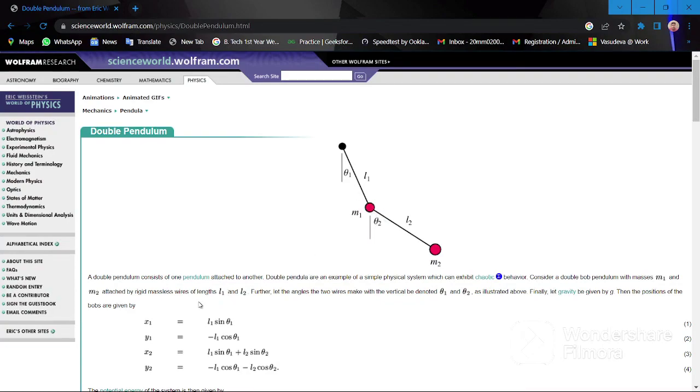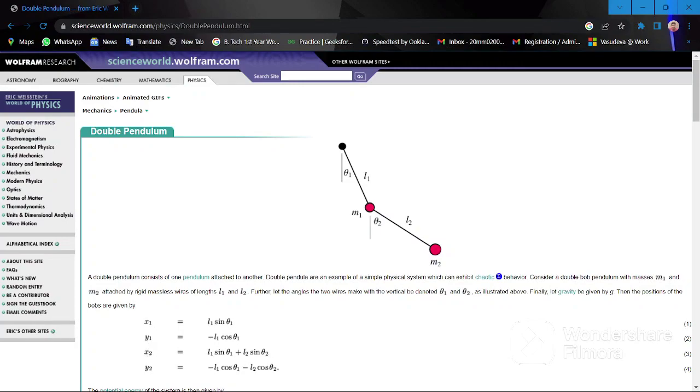So the position of bob m1 is x1 equals L1 sin theta 1, and y1 is the cos component. x2 is the summation of these two distances, so this is L1 sin theta 1 plus L2 sin theta 2.